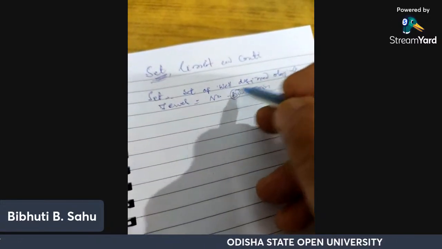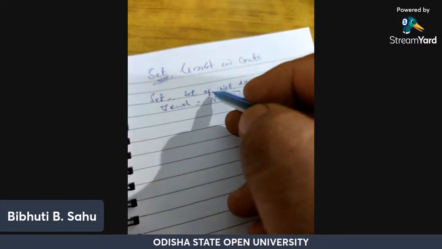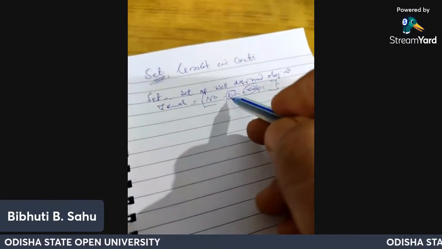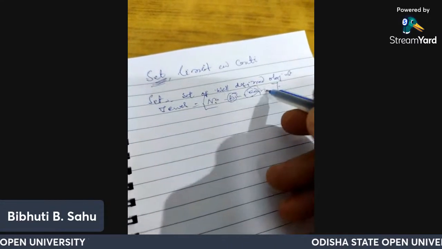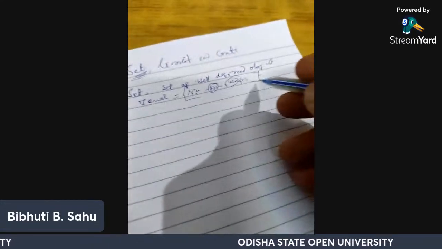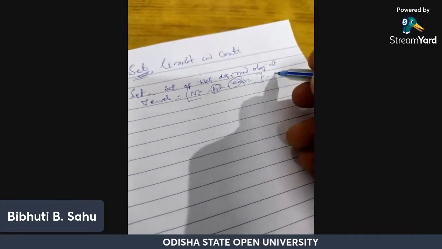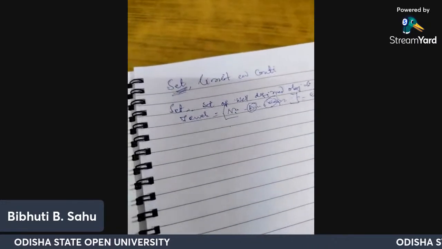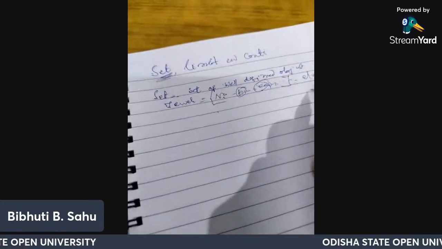They are distinct items, and they make the total set. Each and every item in the set is known as an element, and every element is well defined.